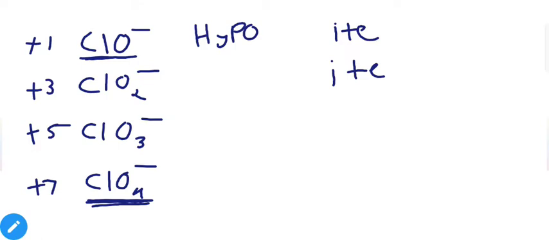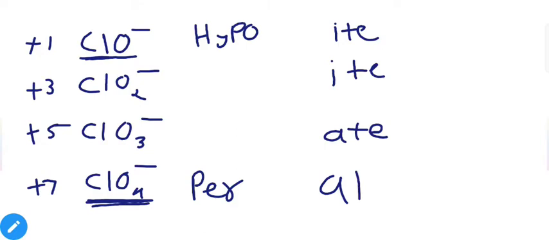Then we have the next with the ate suffix, that means it is chlorate. And then the highest oxidation state in this case will use the per prefix and the ate suffix.